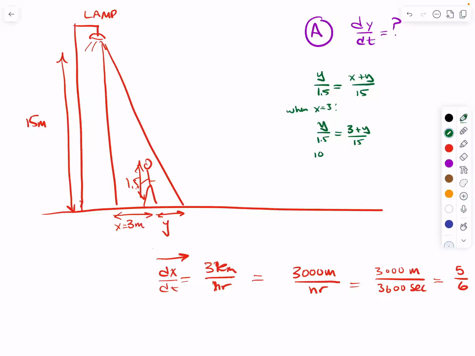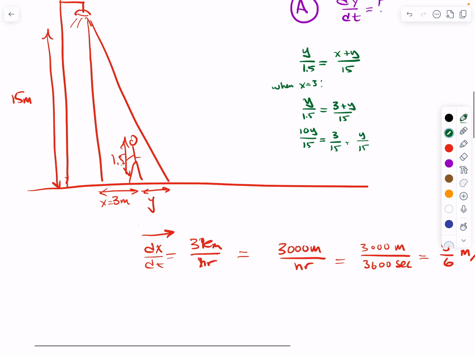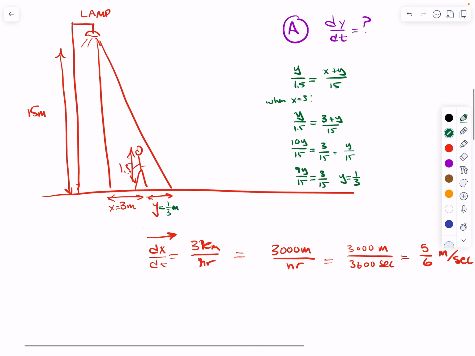I can write 10y over 15 is 3 over 15 plus y over 15, which gives me 9y over 15, which means that y is 1/3. So at this snapshot, we have 1/3 of a meter. It's very short, but it's going to get bigger. Don't worry.